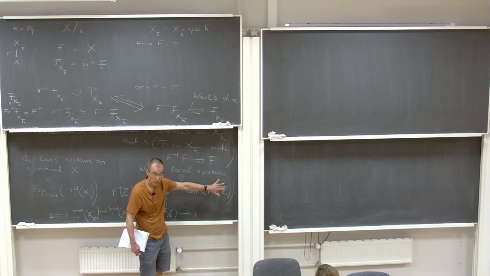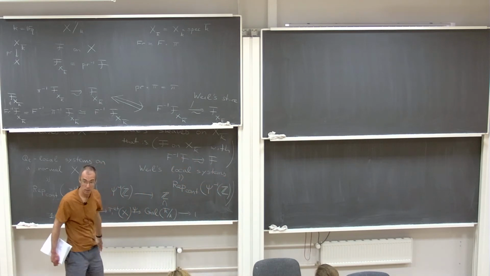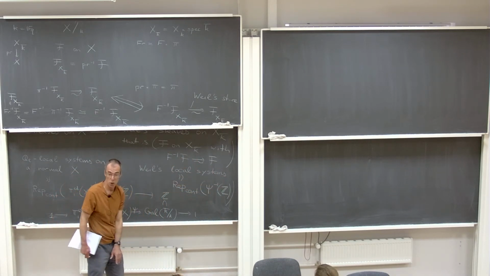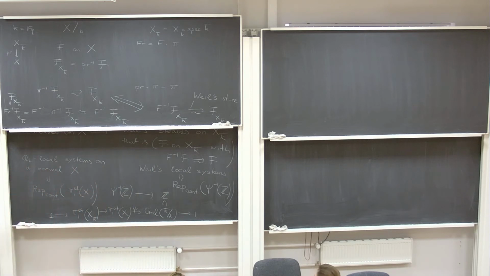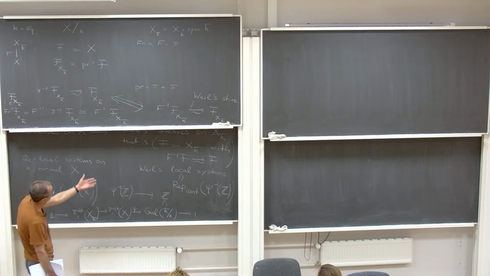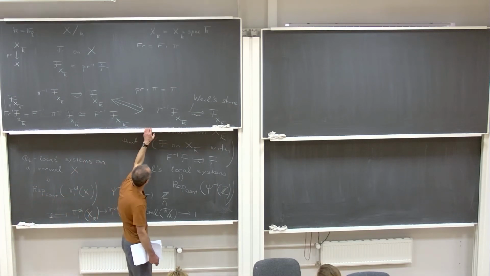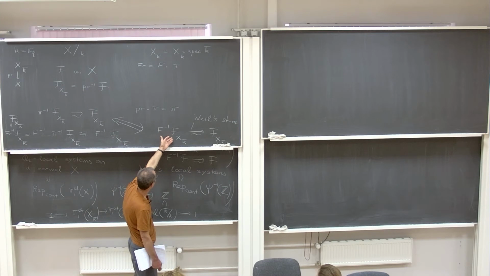But the converse statement is not true. Okay? So this statement is easy to prove. Well, first you reduce it to the case when X has a rational point, then you look at the fibers. So what do you have? On the fiber, first of all, you have the action of the fundamental group of this guy.